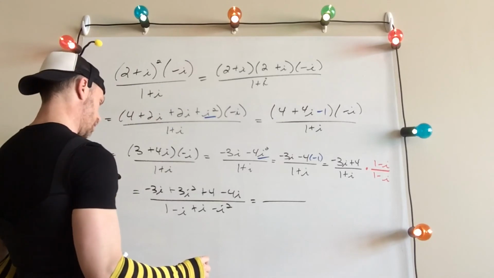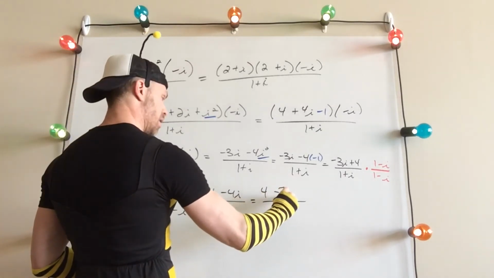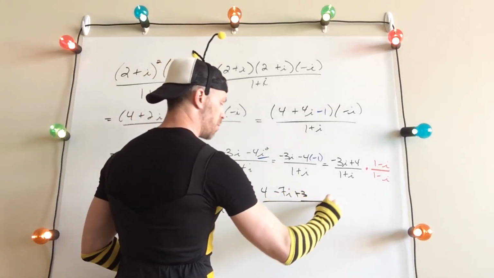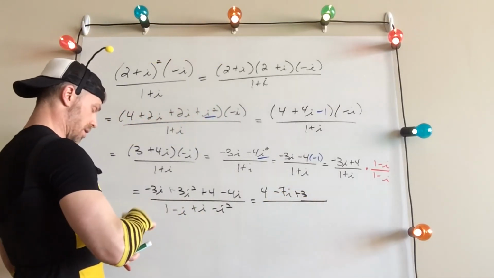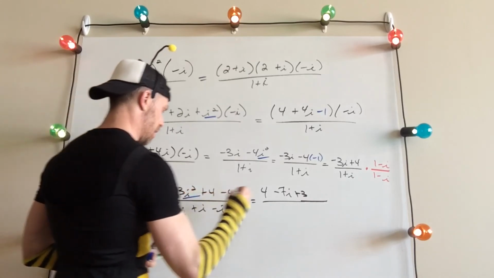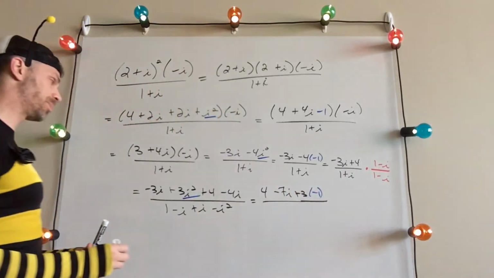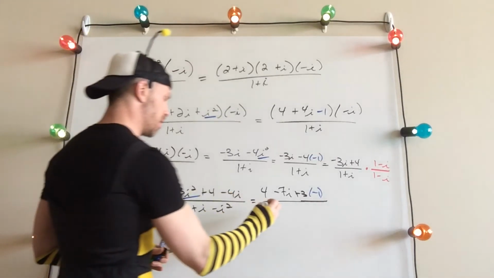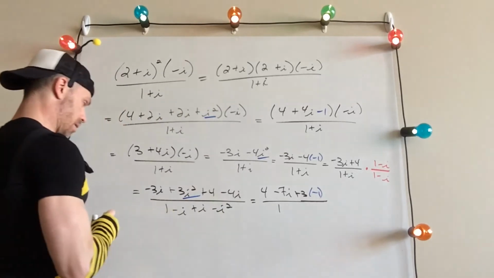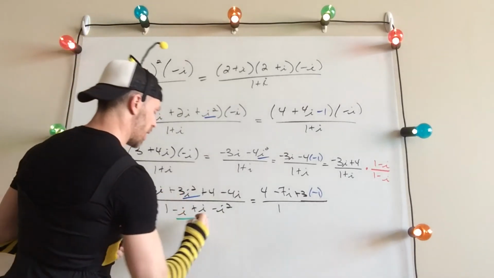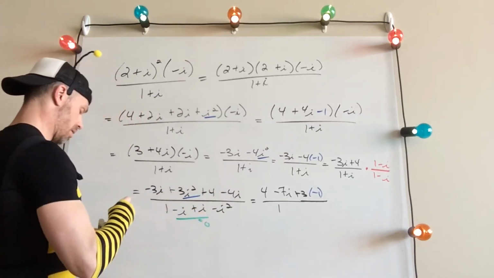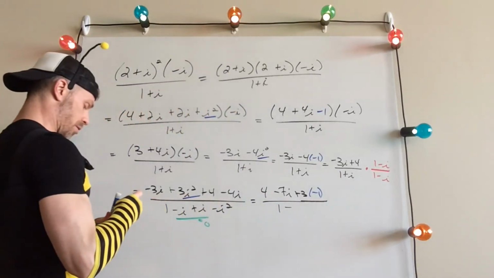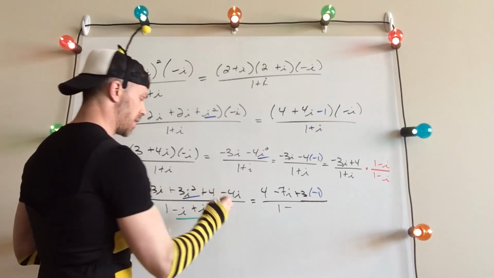Numerator, 4 minus 7i plus 3 times negative 1. And then down low, 1, minus i and plus i, zero out. And then it was minus, but we have an i squared.